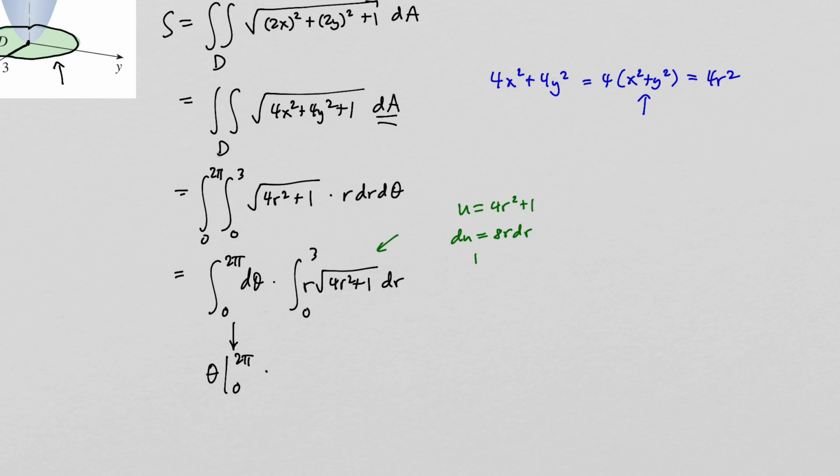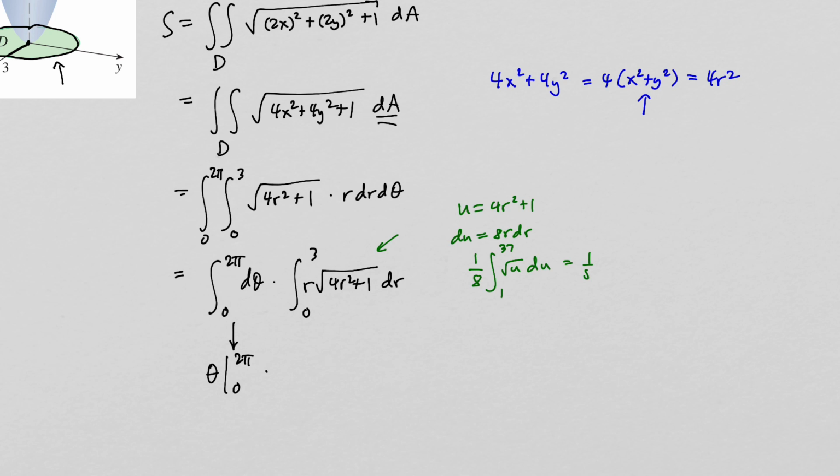And so we get 1/8 integral of square root of u du, and if r is 0, u is going to be 1, and if r is 3, we have 4 times 3 squared, which is 4 times 9, or 36, plus 1 is 37.